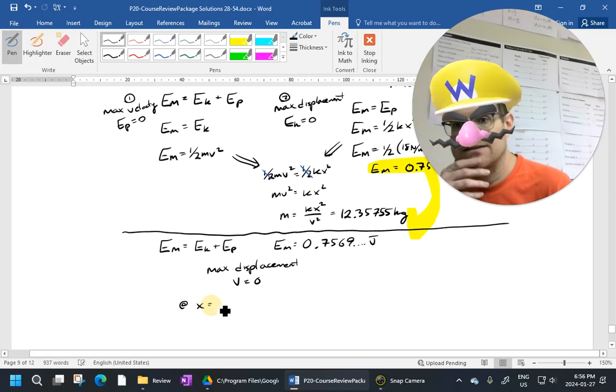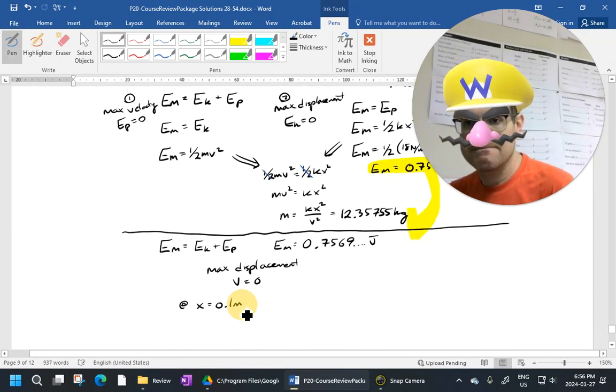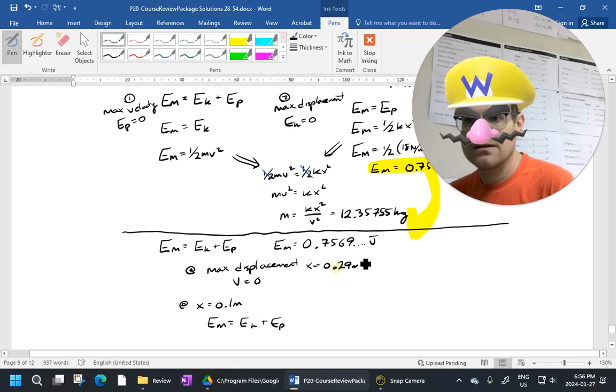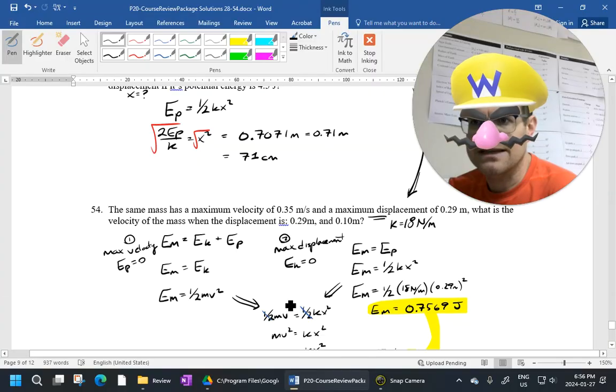At x is equal to 0.1 meter, we can go through the steps now. So EM is equal to EK plus EP. So that's its max displacement when x is equal to 0.29 meters. Because that is the max displacement. It's kind of weird. I don't know why they're asking that.